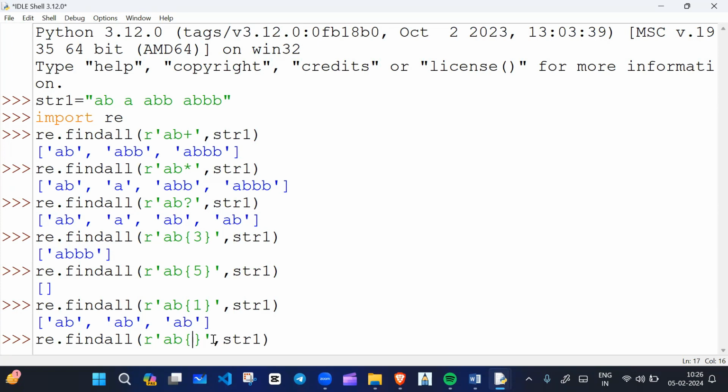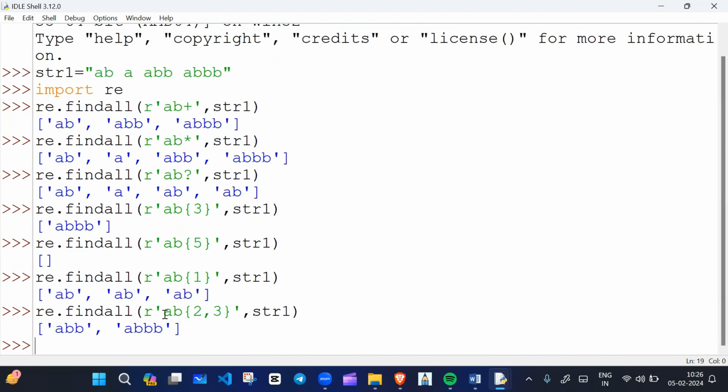I will give the M value, let's suppose 2, and 3 is the N value, and then A and B. If I run this, what will happen? A, with either 2 B's or 3 B's. If I do not give the value of N, it will consider 2 B's or more than 2 B's, but here it will match exactly.